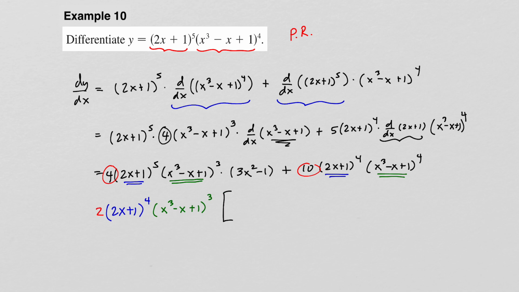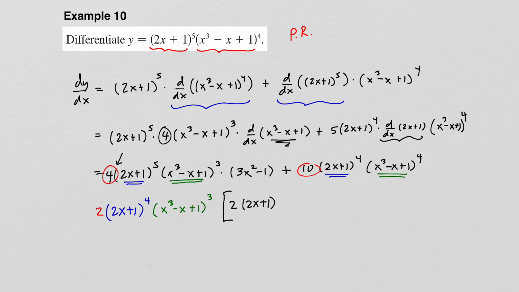And then we need to think about what do we have left when we take all these things out. So when I take 2 out of 4, I have a 2 left over. When I take out 4 factors of this, I'm going to have 1 left over here since I had 5 to begin with. So that's going to be 2x plus 1. And then this was factored completely out.